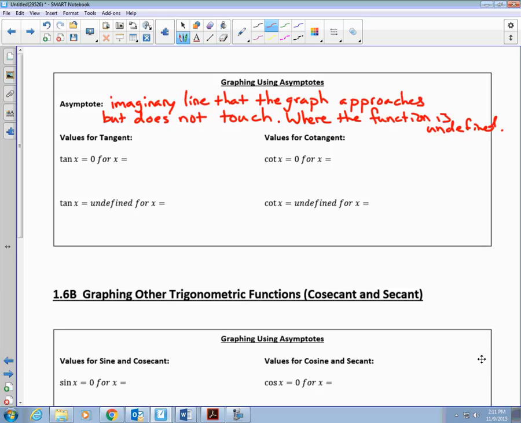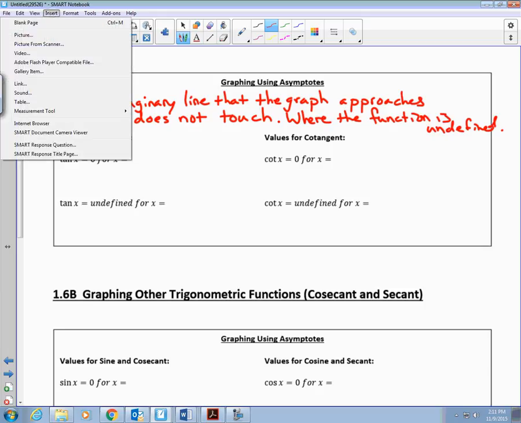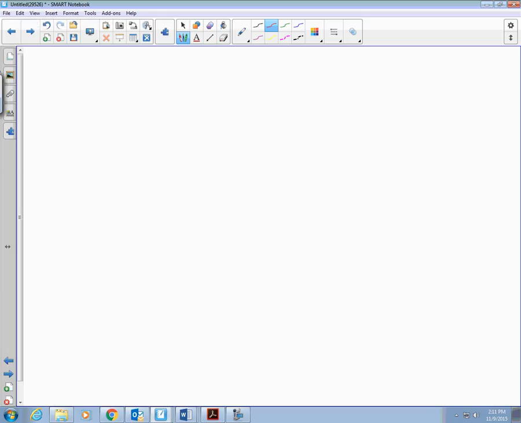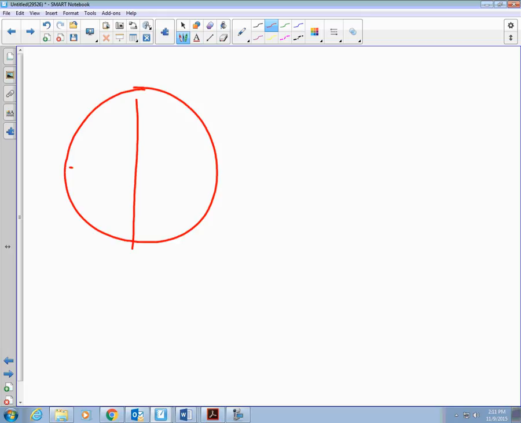So let me show you why this happens with tangent. Bring you back to your final exam. You tell me, pi over 2 is how many degrees? 90 degrees. So therefore, we have this angle.